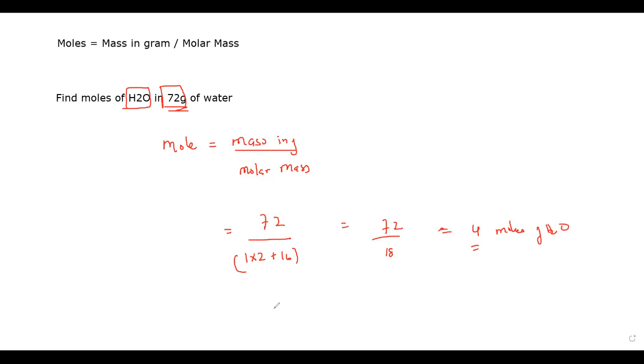So according to the question, we have 72 grams of water and the molar mass of the water. To get the molar mass, we have to use a periodic table. There are 2 hydrogen atoms, each having a mass of 1, and there's only 1 oxygen atom having a mass of 16. So total mass of water is 18. So 72 divided by 18, the result will be 4 moles of H2O.